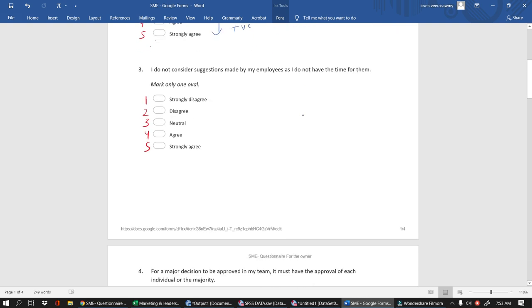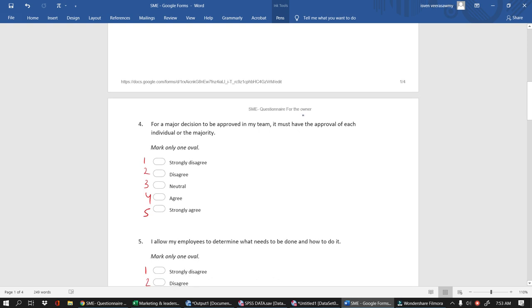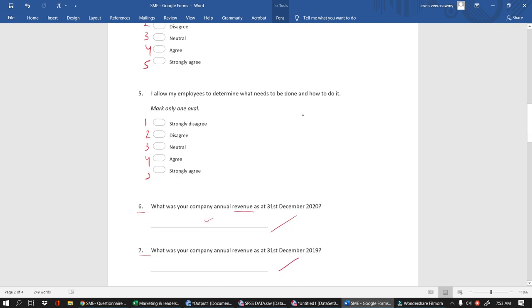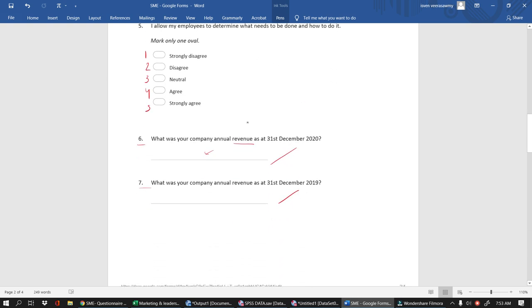It's the same category here, so it's ordinal. Question 4, ordinal. Question 5, the same, ordinal. And this question, you need to read it, and you will see that it is talking about the annual revenue. Annual revenue will be reported in terms of numbers. If it is numbers, it is numerical.